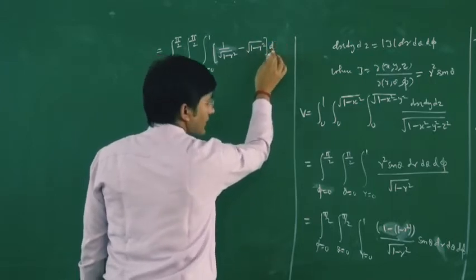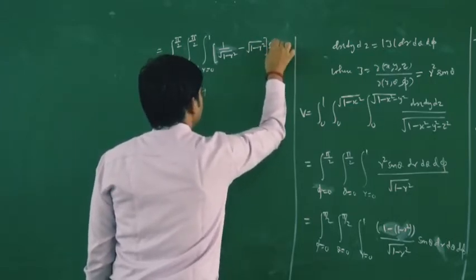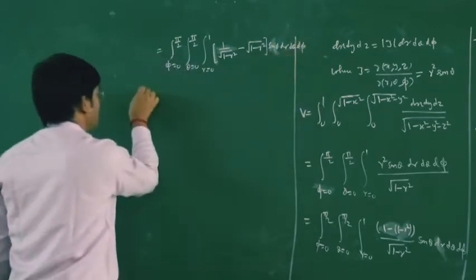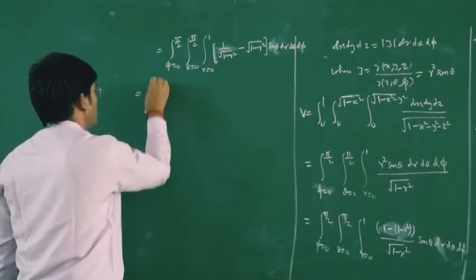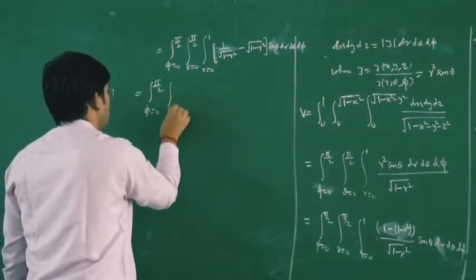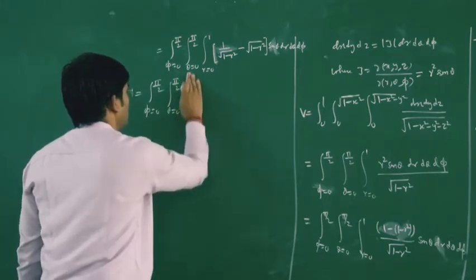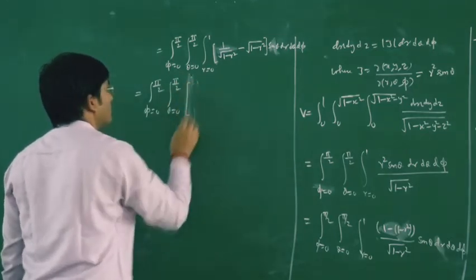Then we have sin theta dr d theta d phi. So this is equal to phi from 0 to pi by 2, theta from 0 to pi by 2, and r from 0 to 1. Now let us integrate this bracket with respect to r.